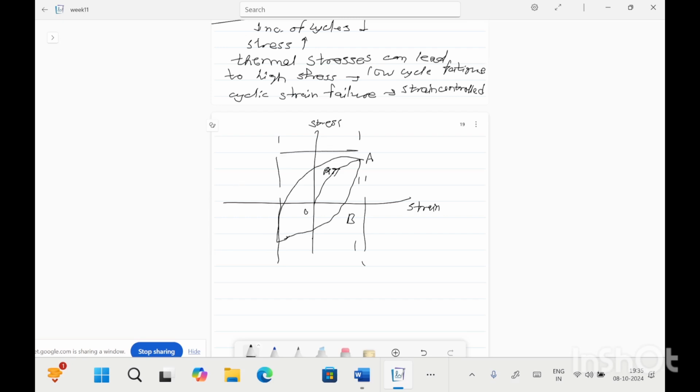This range is the delta epsilon. This can be written as delta epsilon by 2 and delta epsilon by 2. This part can be written as the elastic strain and this part is written as the plastic strain.